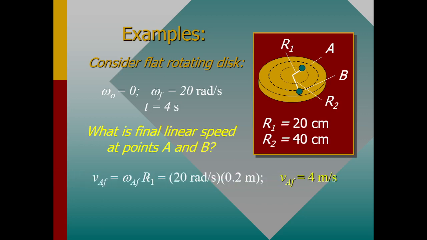So at point A, you're just going to say 20 rad per second times 0.2 meters, because R1 is 20 centimeters, which is 0.2 meters. Then at point B, you can simply say 20 times 0.4, which gives you the linear speed.